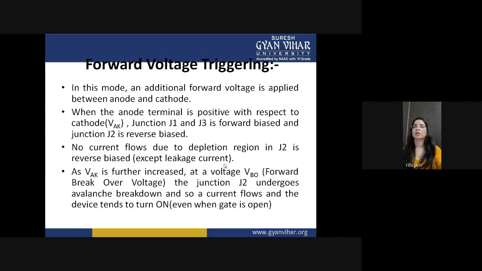So in this case, you are increasing the voltage across your anode to cathode terminal. When it increases beyond a particular voltage, the junction J2 goes into avalanche breakdown and current starts to flow, and your thyristor will come into the conduction mode.